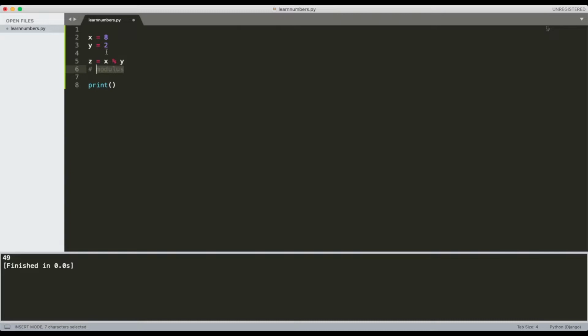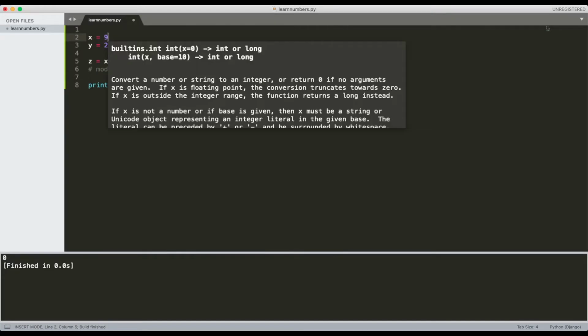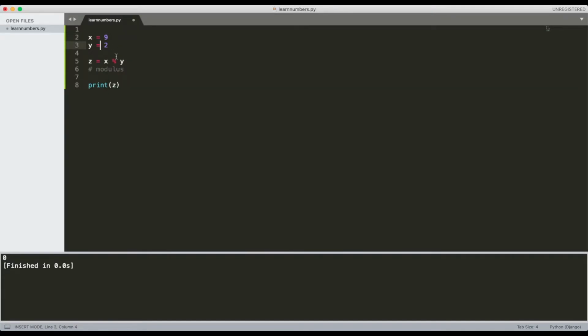All this does is it tells us how many remainders are left after we divide x by y. So in this case, 8 divided by 2, we would have 0 remainders. So this would be 0. If we had 9 divided by 2, we would have a remainder of 1 because 2 goes into 9 4 times, which is 8, and there's 1 left, so this should be 1.